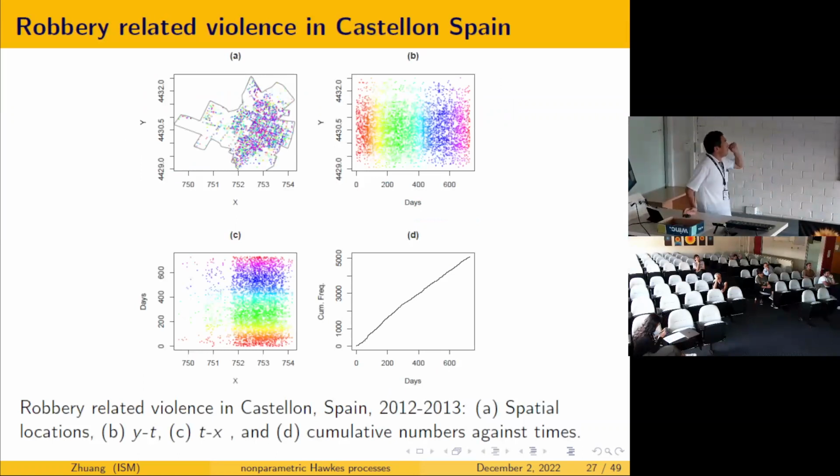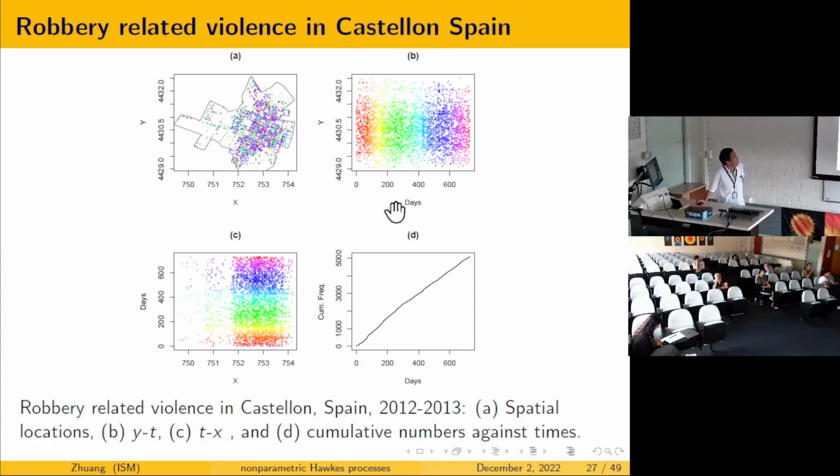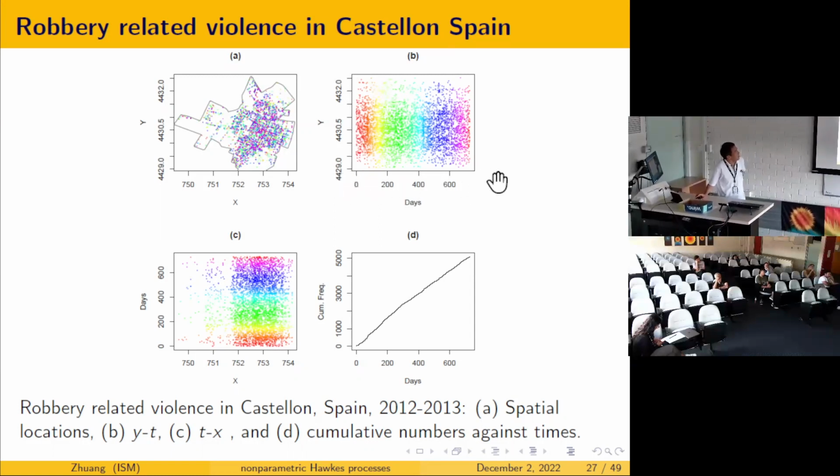So what I study is the robbery related violence in custom spend. So this is the area of the custom city in Spain. And so I plot the space-time plot. This is time for 2 years.